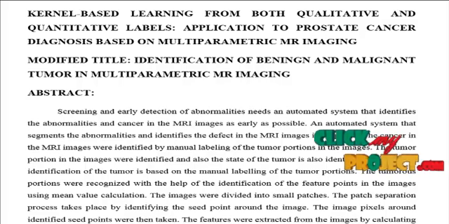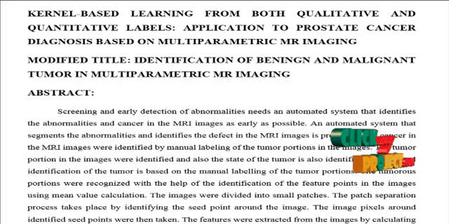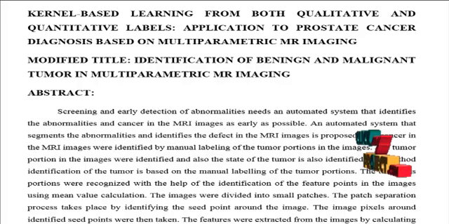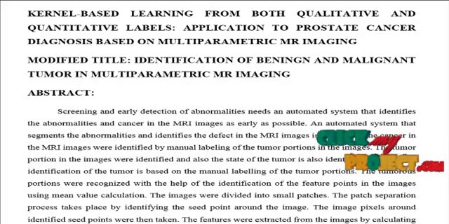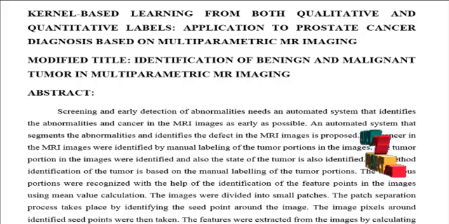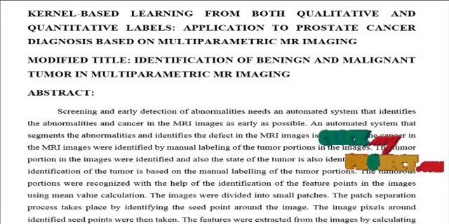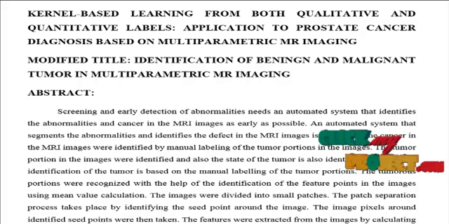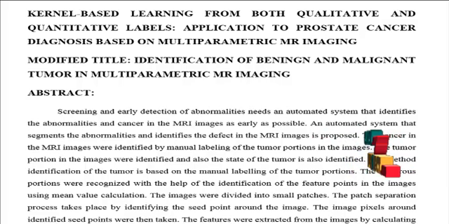The tumor portions were recognized with the help of identification of the feature points in the images using a mean value calculation. The images were divided into small patches. The patch separation takes place by identifying seed points around the images, and the image pixels around the identified seed points were taken.